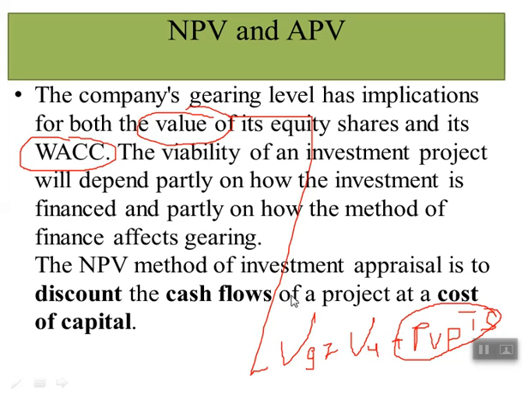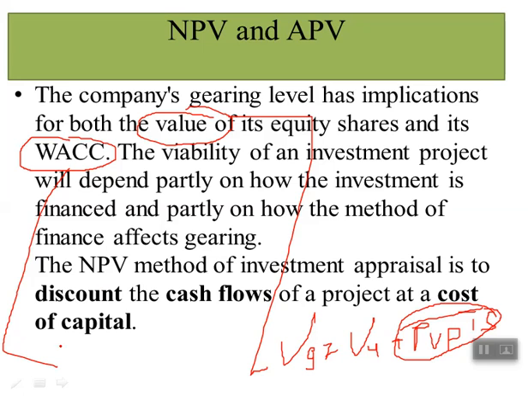So if you are using equity and debt, then we also need to look at this part in our investment decision. Then if you look at Modigliani and Miller 2, the cost of equity or the WACC is going to be affected by the way the business is financed.